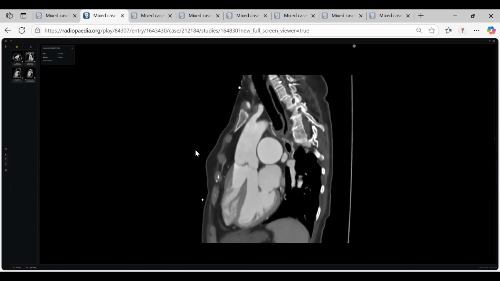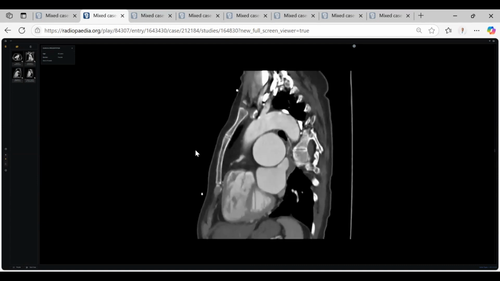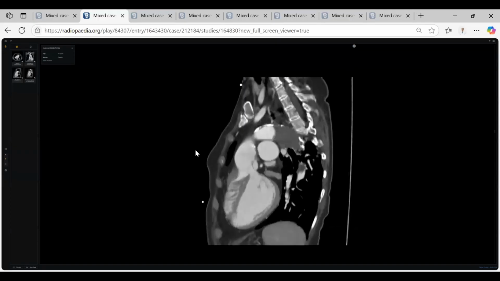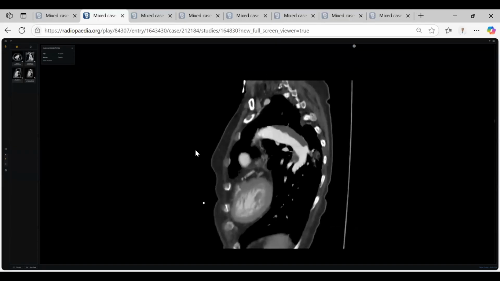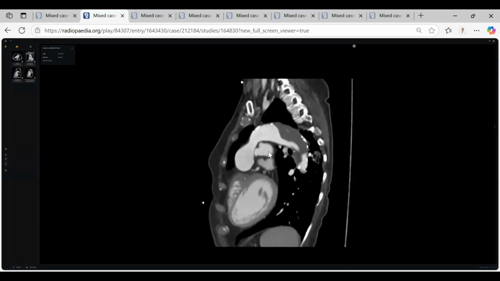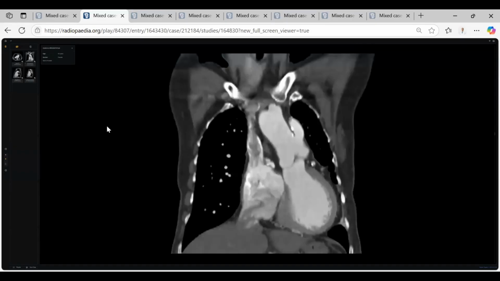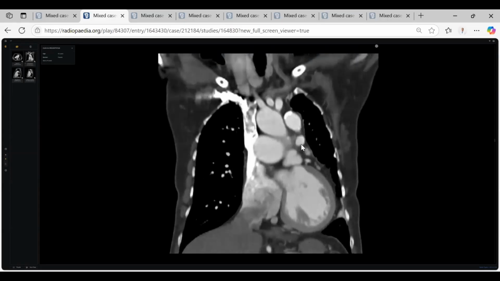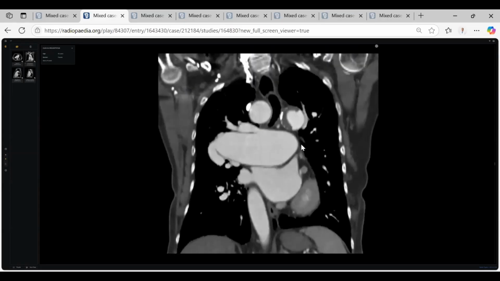See, the same origin as the aorta. Both channels are arising. This is double outlet right ventricle. See, the aorta and the pulmonary artery originate simultaneously.